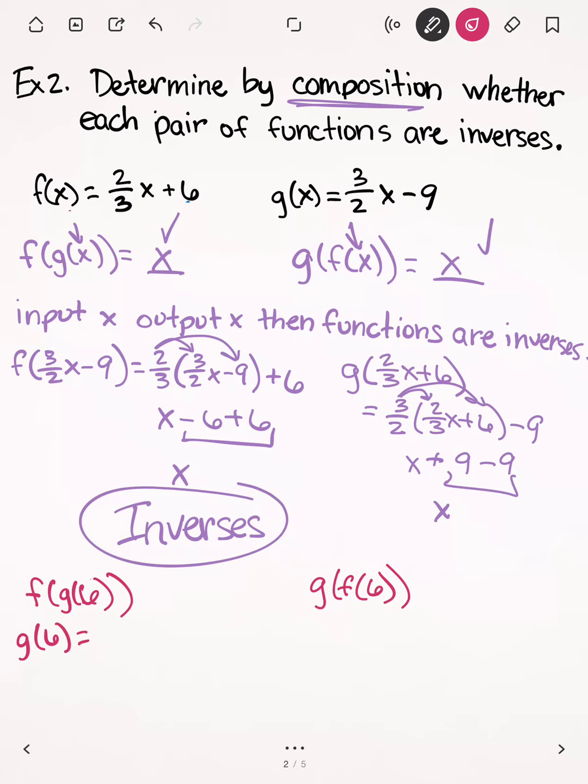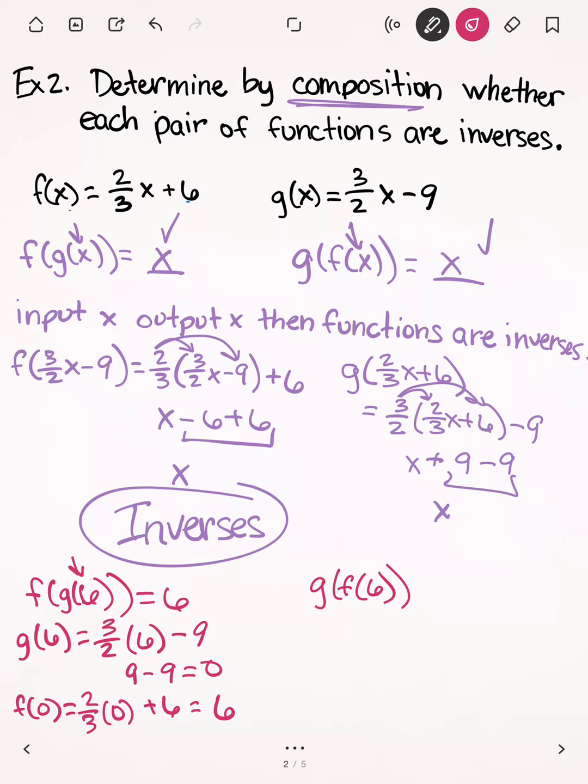So g of 6 equals 3 times 2 times 6, divided by 2, minus 9. Well, 3 times 6 is 18, divided by 2 is 9, minus 9, which equals 0. Then I find f of 0, which gives me 2/3 times 0 plus 6. Well, 2/3 times 0 is 0, plus 6 is 6. So my input was 6, my output equals 6.